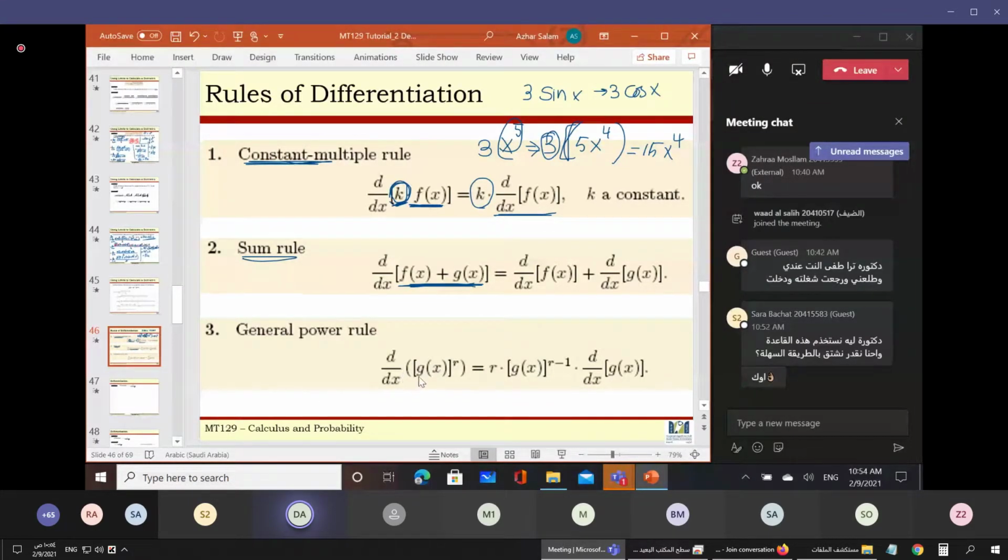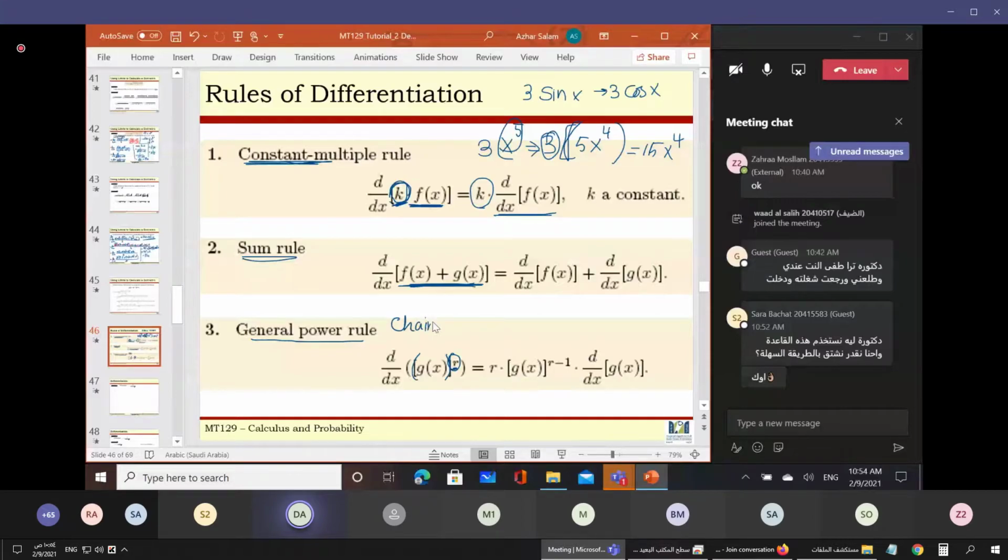Also, the power rule, if I have a function, let's say it's g of x, taken to the power r. Okay, I first take the derivative of the power as a polynomial, then differentiate inside. I actually name this rule the chain rule.